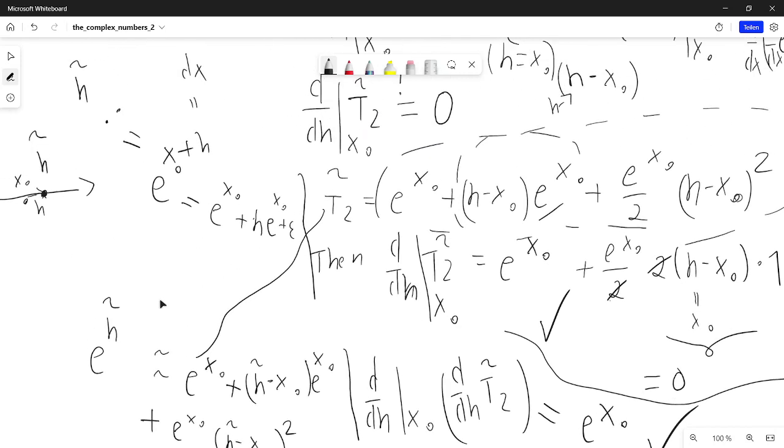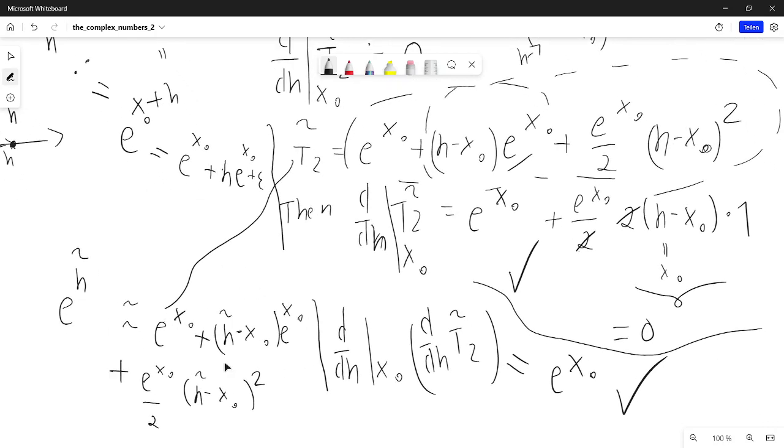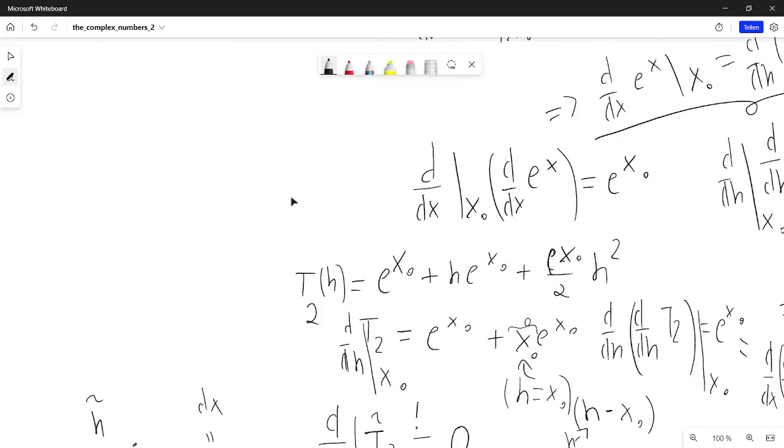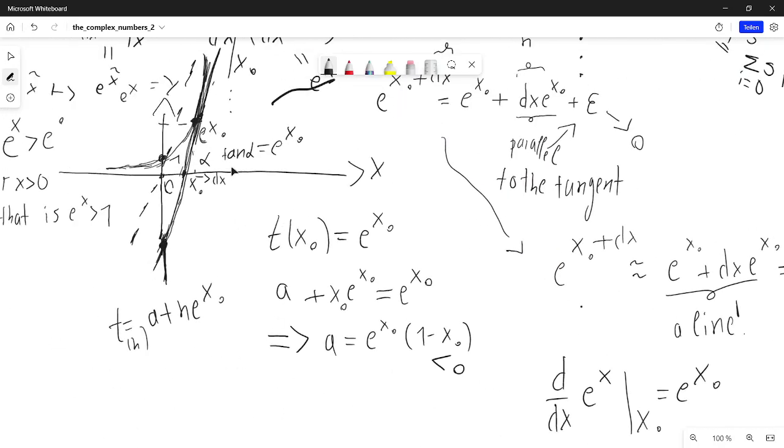Okay, so that means that this is now approximated by this line, which we see here. And pay attention, if we have dx here, according to that is h, right? And this x0 plus h is exactly h tilde. And from that it follows that h tilde minus x0 is exactly our h.